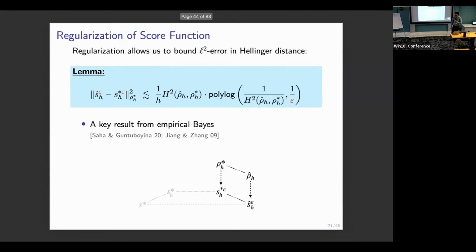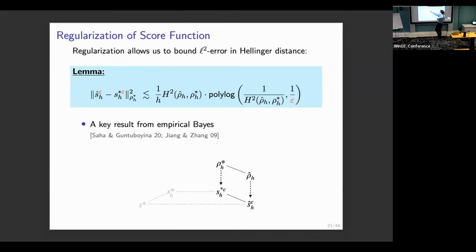The first part is where we really need the regularization, because it turns out that regularizing the score function allows us to bound this L2 error, which looks like Fisher information, by something that involves the Hellinger distance. This is something we borrow from the empirical Bayes literature, because this was the key result that implied a few breakthroughs in that area, and this was an adaptation from that.